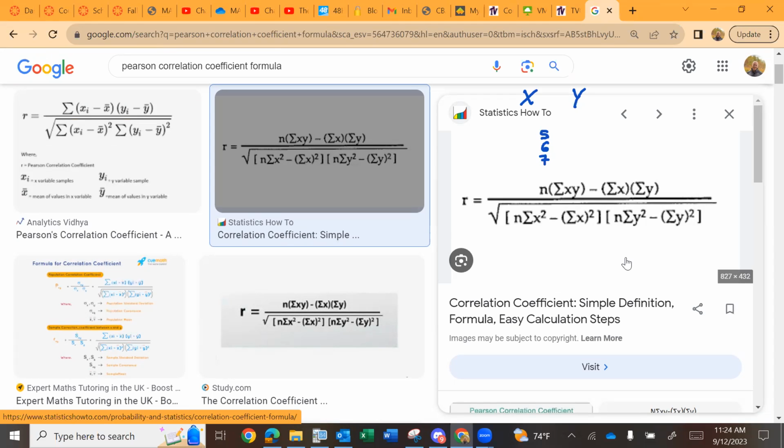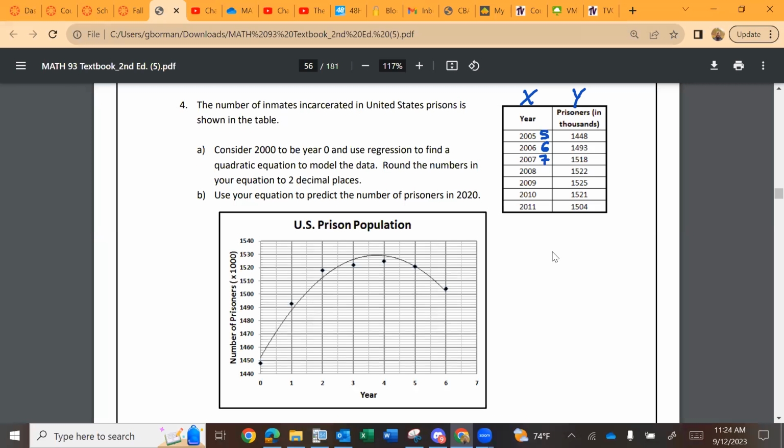So if you were thinking, oh my gosh, there's a lot of steps in this, believe me, it could be so much worse. This formula is not as bad as it looks, but it is time consuming, especially if you've got a lot of data. And this is just one of the formulas that it's doing for you when you do regression. So just count your blessings. It's so much easier using the calculator.